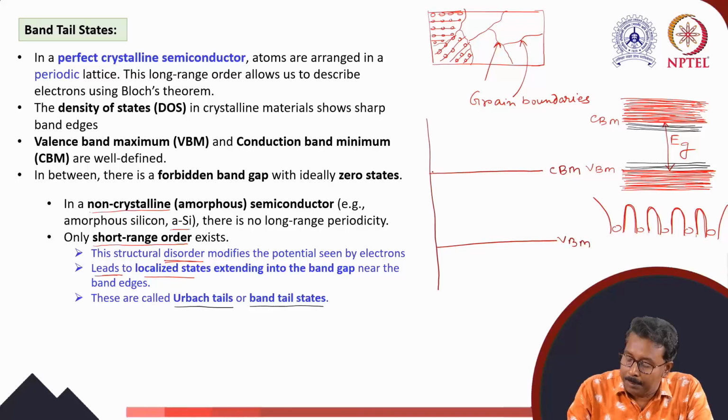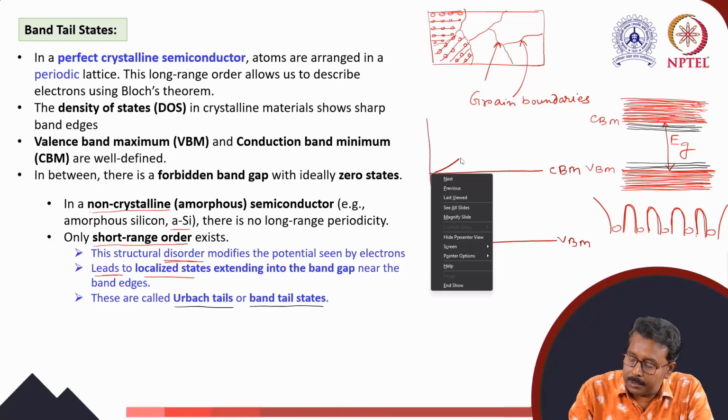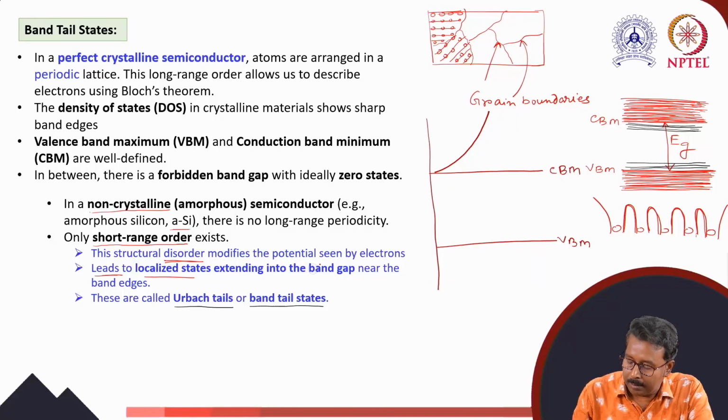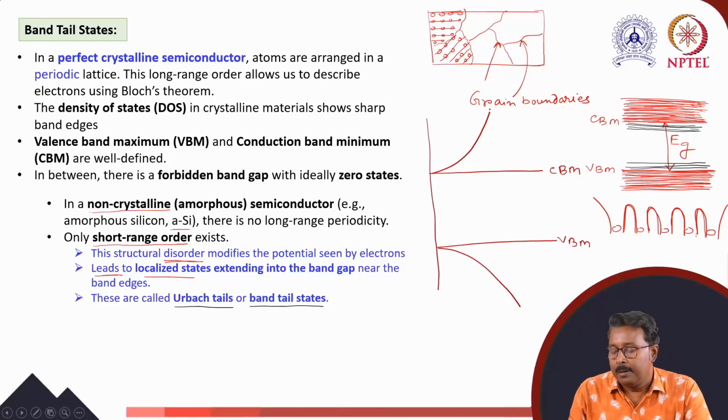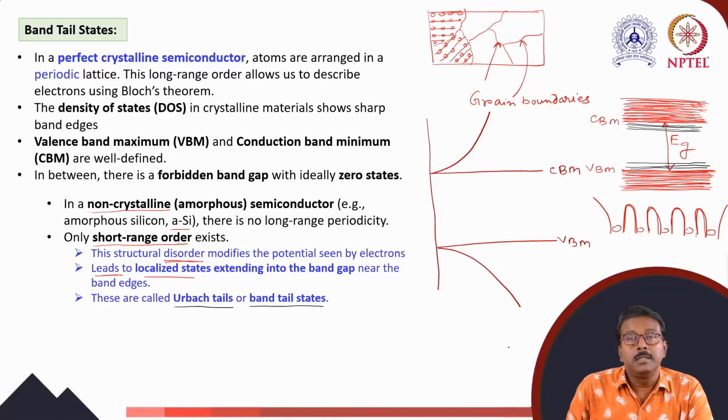Now you remember the plot of density of states looks like this. This is proportional to the square root of E minus EC, and this is proportional to the square root of EV minus E.